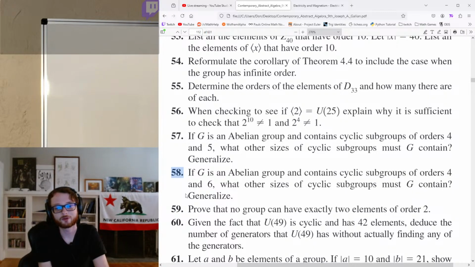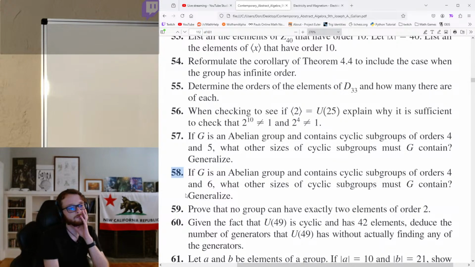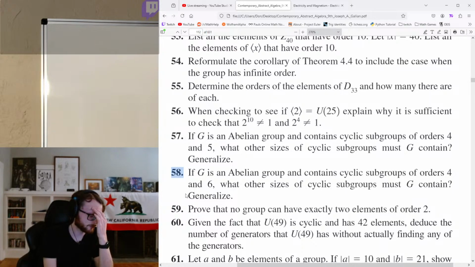So I don't have the answer in the back of the book to cheat with. I'm wondering if we could just put like a subgroup of order 10 or something, if it's abelian. I don't know how exactly you do that though. So I assume 12 is the only one it has to have, and it doesn't have to have 24. If it's abelian, I assume that will let you do more things, like finding an element of order 10 or something.